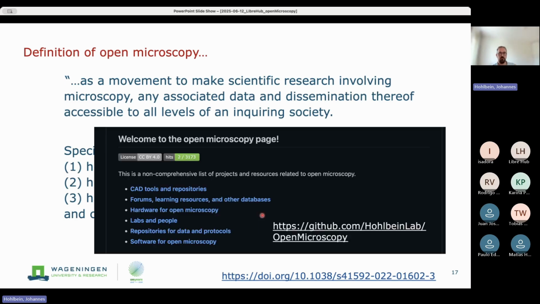Together with the paper, we started a small GitHub page where we collect some of the tools that are available, so people have one repertoire where they can search for things already published in terms of hardware and microscopy. If you have a project that is not there, send me an email with a request to add it so that we keep the library going.